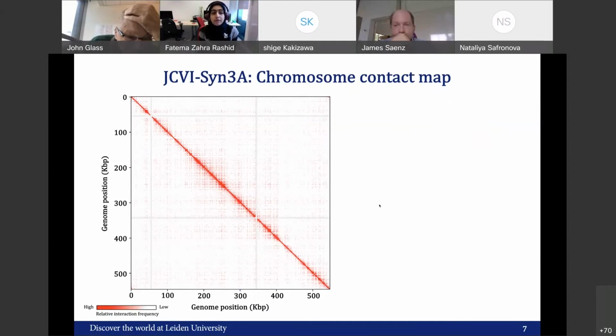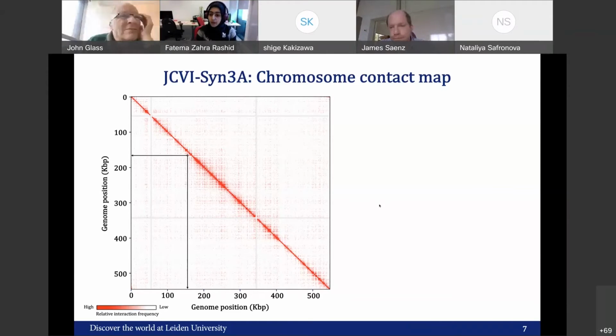And this map is a probability matrix where every pixel, or in this case, it's a very noisy map, but in principle, every pixel represents the relative interaction frequency between the corresponding loci on the axes. So just so we all gather how to read this, this point over here shows the relative interaction frequency between a locus at about 170 kilobases and another one at about 150.